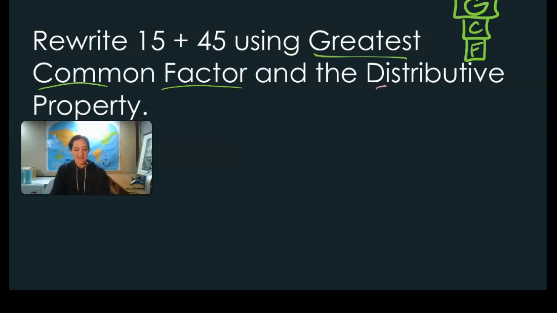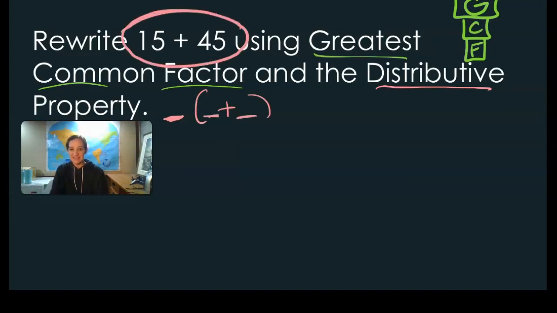And anytime I hear distributive property, I think of the angry bird, right? I think of a bird that's going to get shot through to 2 pigs. So it wants me to rewrite this. So don't just go 15 plus 45. It doesn't say solve, it just says rewrite. So I'm going to change this to be in the angry bird format.